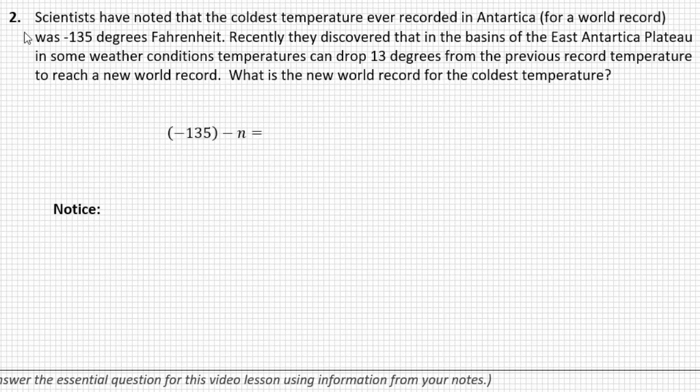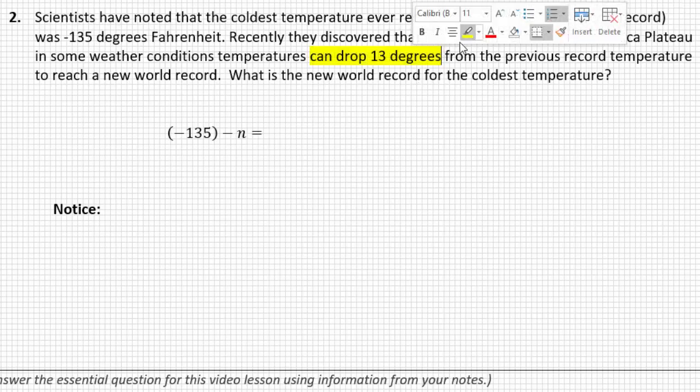Alright, let's check in. As I've started to write my subtraction problem, I started with the coldest temperature up here, the previous record, which was negative 135 degrees. And from that, I know it's subtraction because it says it can drop 13 degrees.